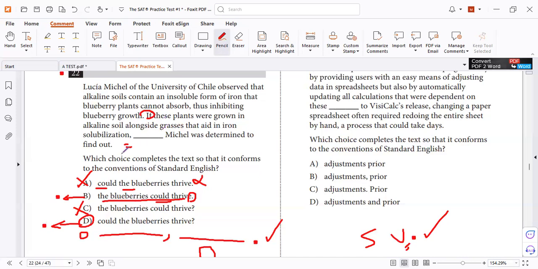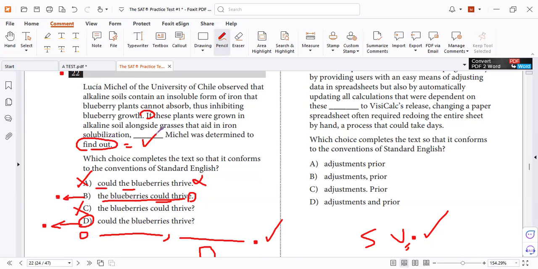But here we are not giving you a hypothetical situation. These plants were grown in alkaline soil alongside grasses that aid in iron. Look, Mitchell was determined to find out. That means he was asking a question, not giving you facts.